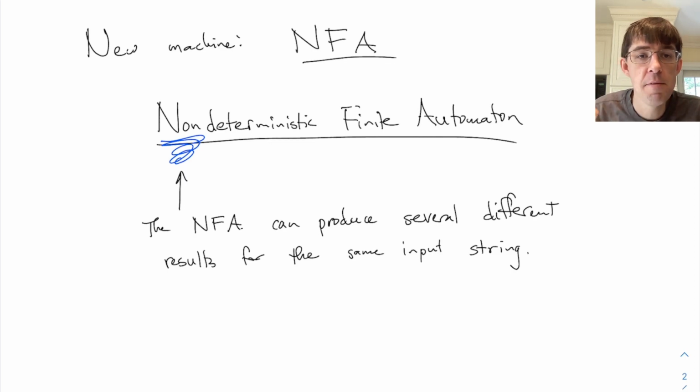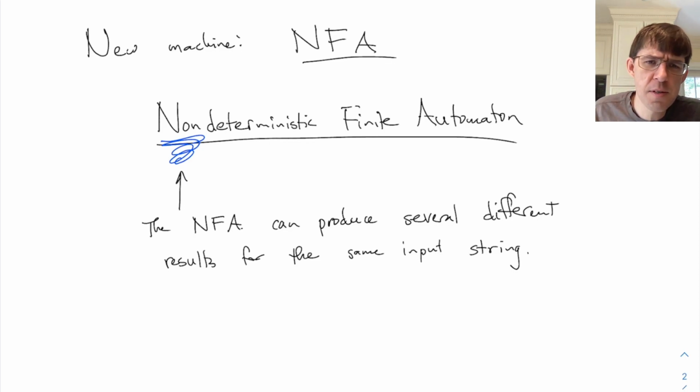In a DFA, every state has one A arrow and one B arrow. But on an NFA, every state can have several different A arrows, meaning the state sometimes goes this way with an A and sometimes goes this other way. That's what the non-determinism means: the NFA can produce several different results for the same input string.